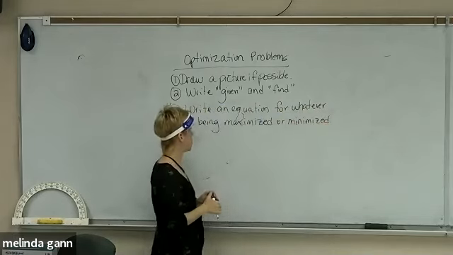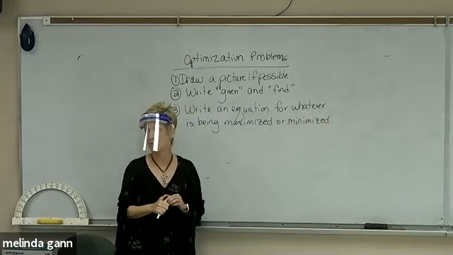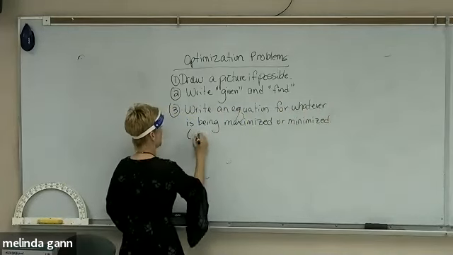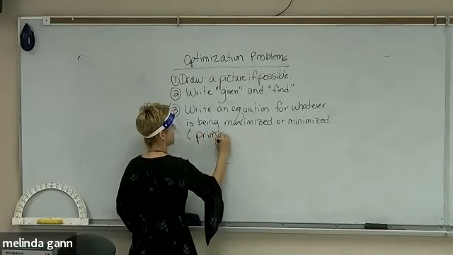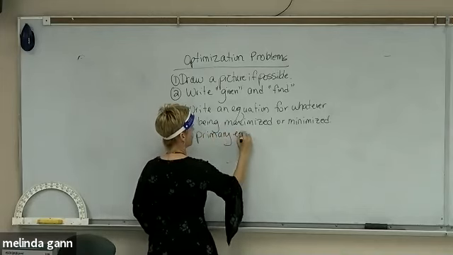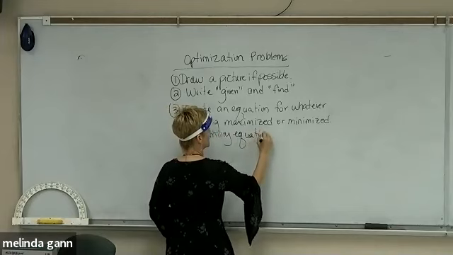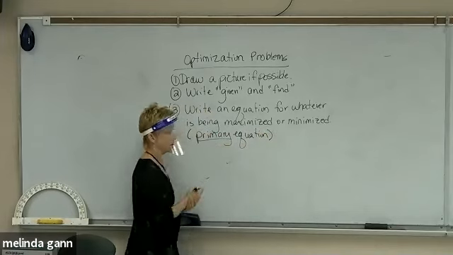You're going to write an equation for whatever is being maximized or minimized. I'm going to put in parentheses, that's called your primary equation, because sometimes you'll have more than one.